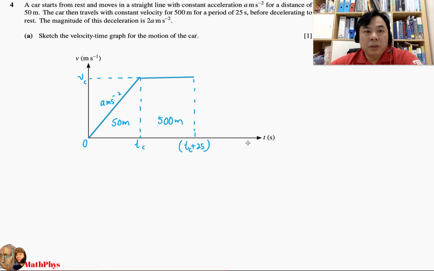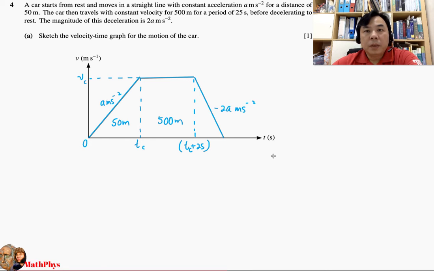Before decelerating to rest, the magnitude of the deceleration is there. It decelerates faster than its acceleration. So its deceleration is negative 2a meters per second squared, because it's decelerating, until it comes to rest.